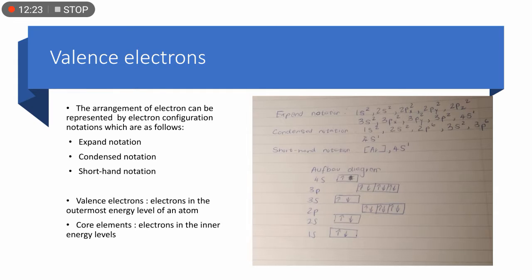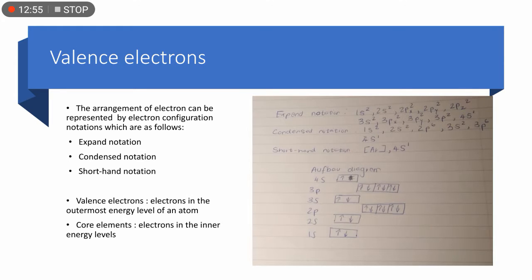Okay, then as we move to the shorthand notation, we have to present things as core electrons, which are electrons in the inner energy levels, and we have to represent them together with the valence electrons. Valence electrons are electrons in the outermost energy level of an atom.